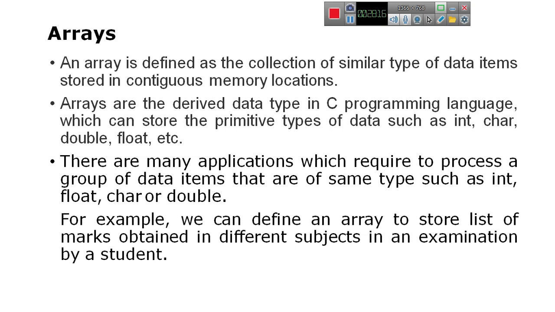Arrays are a derived data type in the C programming language, which can store primitive basic data types such as int, char, double, float, etc.